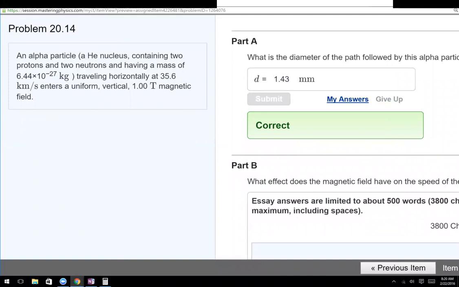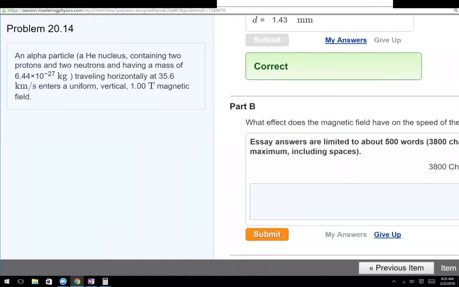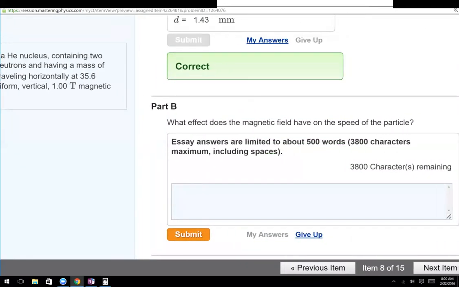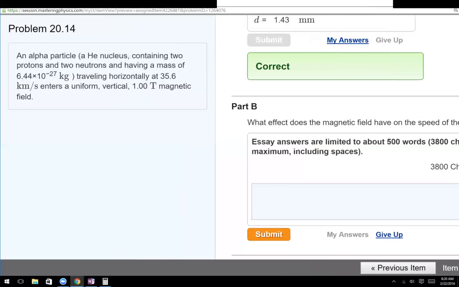Then your teacher had you talk about what effect the magnetic field has on the speed of the particle.